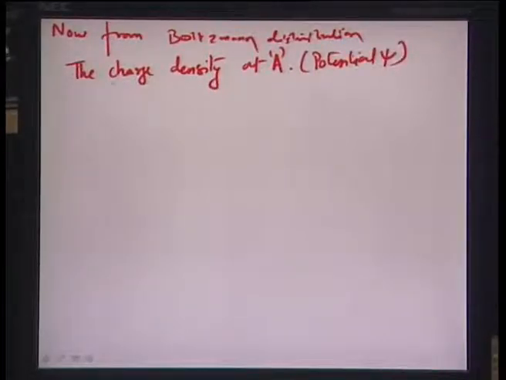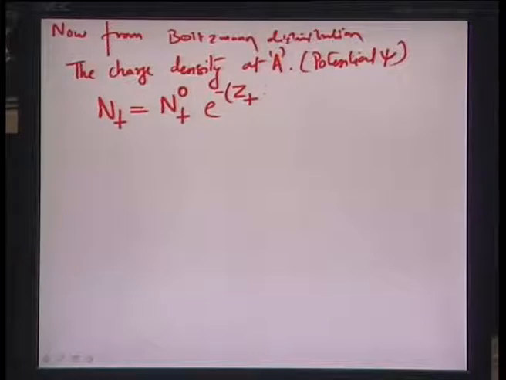The positive charge distribution will be given by the positive charge distribution at infinity times exponential to the power of minus Z plus epsilon phi by kT. So, this essentially is the work done by kT.